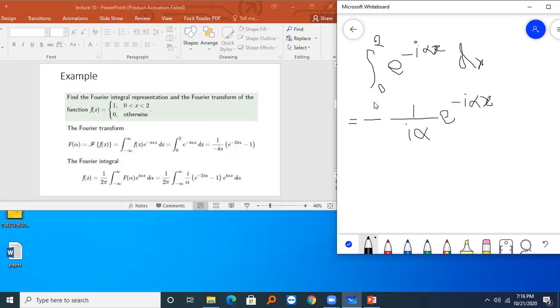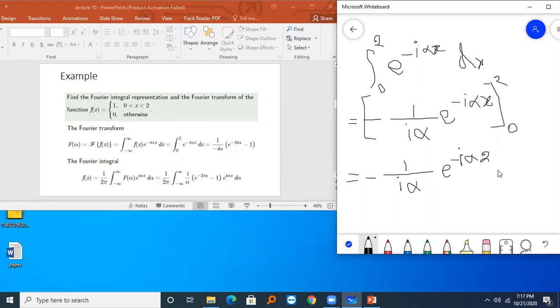Now we will write the upper limit and lower limit, and then we will put the upper limit and lower limit as we have done the integration. Now we'll put the 2 here: 1 divided by minus i alpha e to the power minus i alpha x, with x equals 2.